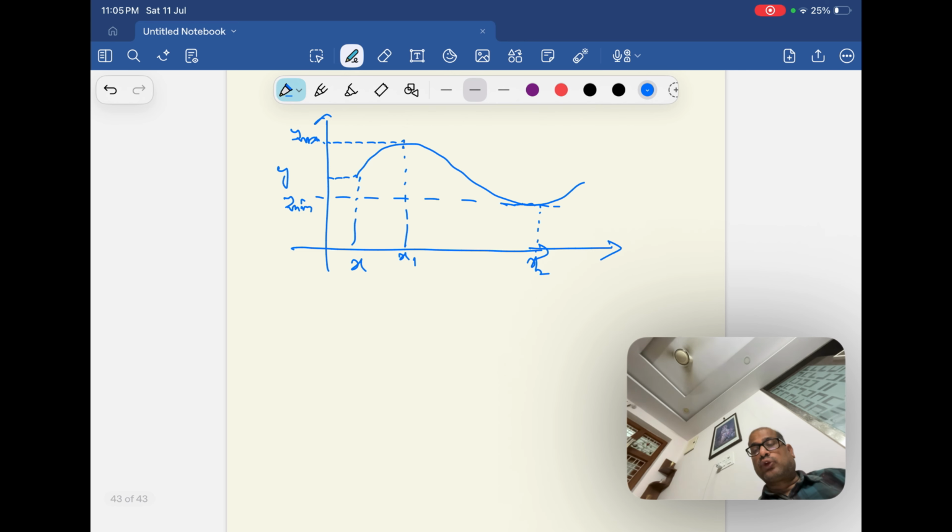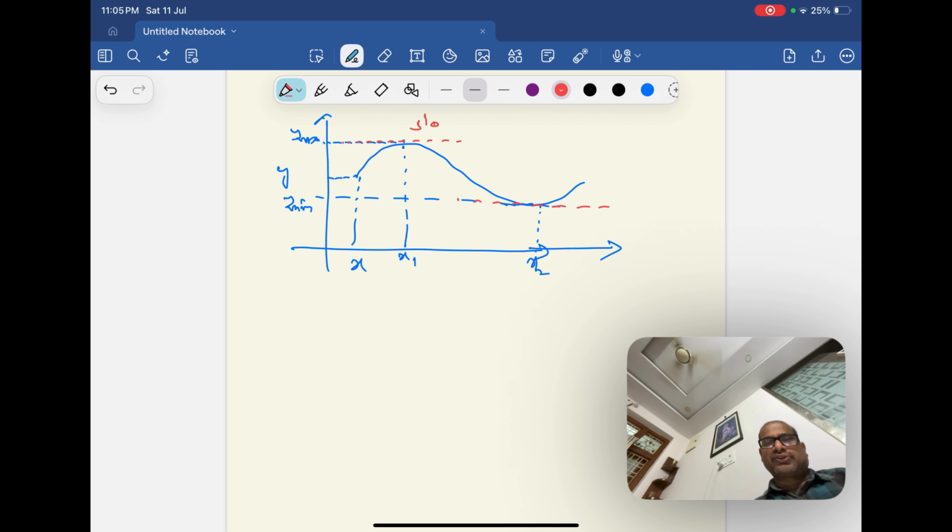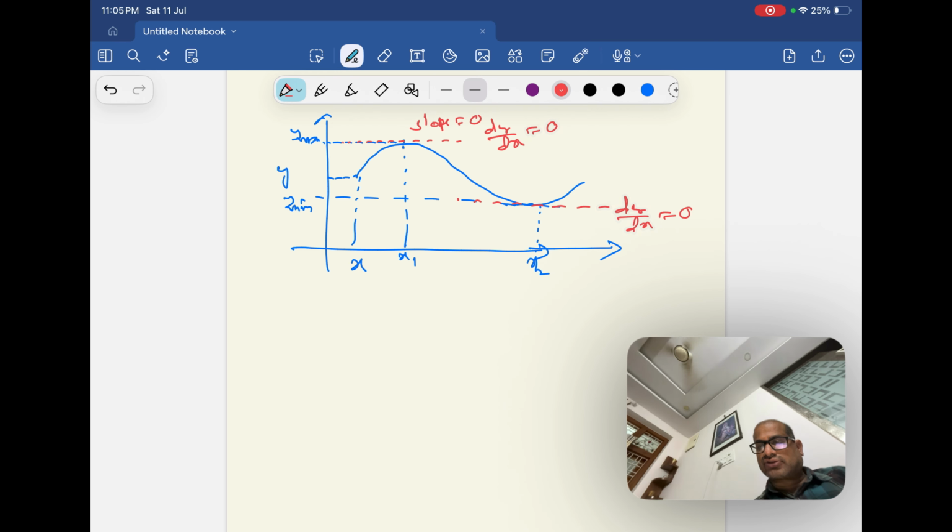So what is happening at a maximum and minimum? If you draw a tangent to the curve at the maximum, and also at the minimum, the slope of this horizontal line is equal to 0. Slope means dy by dx, the variation of y with x, is 0. m is equal to tan theta is equal to dy by dx is equal to 0.